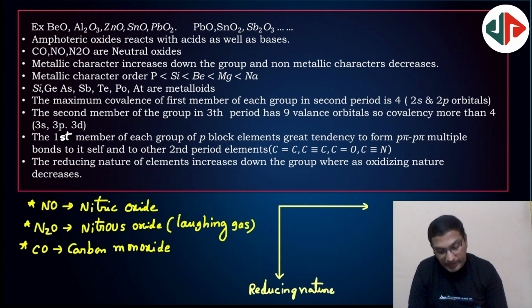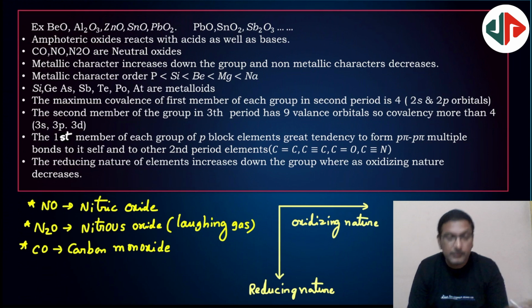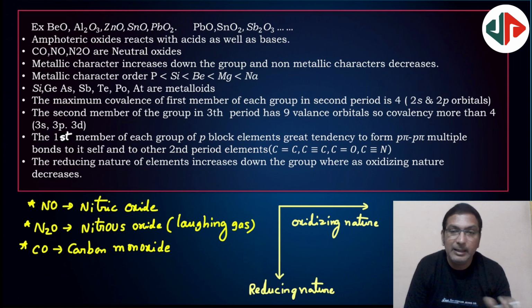So in this direction, oxidizing nature. In group from top to bottom, reducing nature of element increases. Left to right in a period, oxidizing nature increases due to decrease of size.